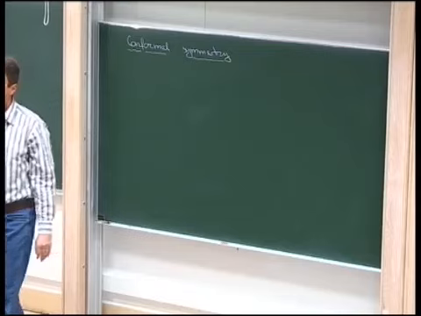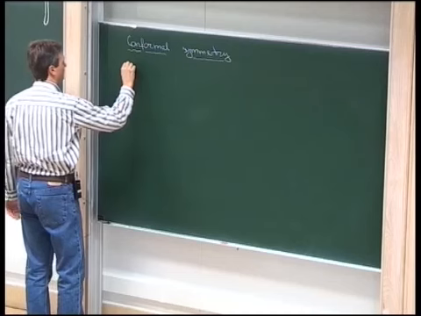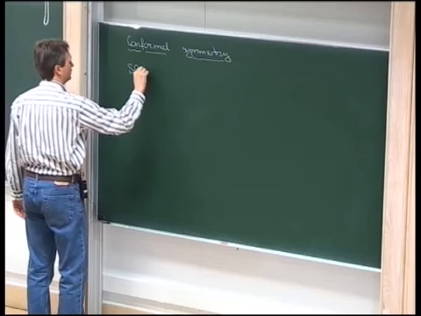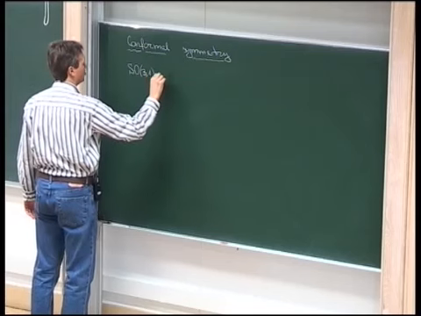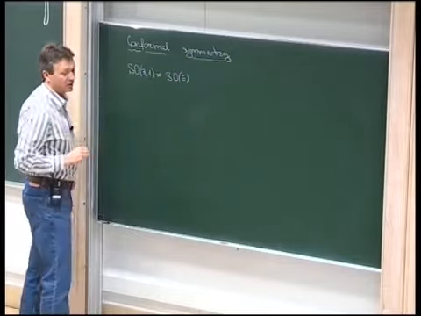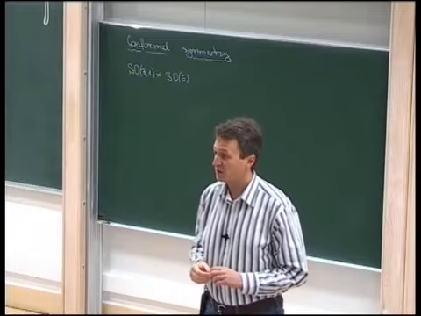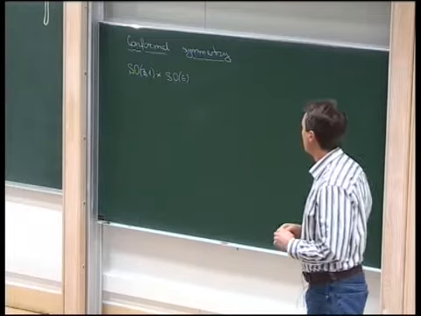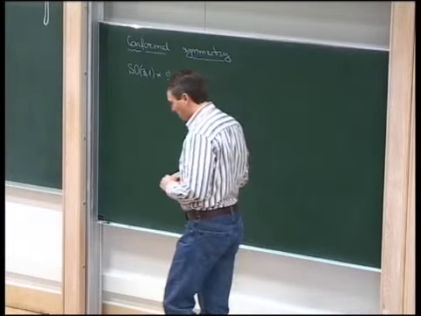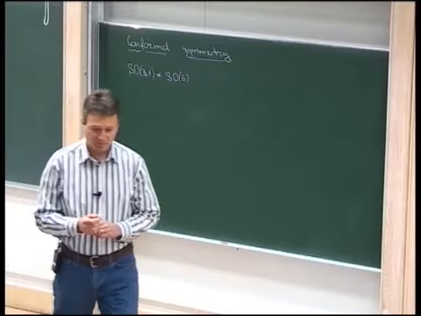So the manifest symmetry of the Lagrangian, when we construct it with the dimensional reduction, is the product of the Lorentz symmetry and the R symmetry, which is SO(6) for maximally extended supersymmetry. But the Lagrangian also is invariant under scale transformations.